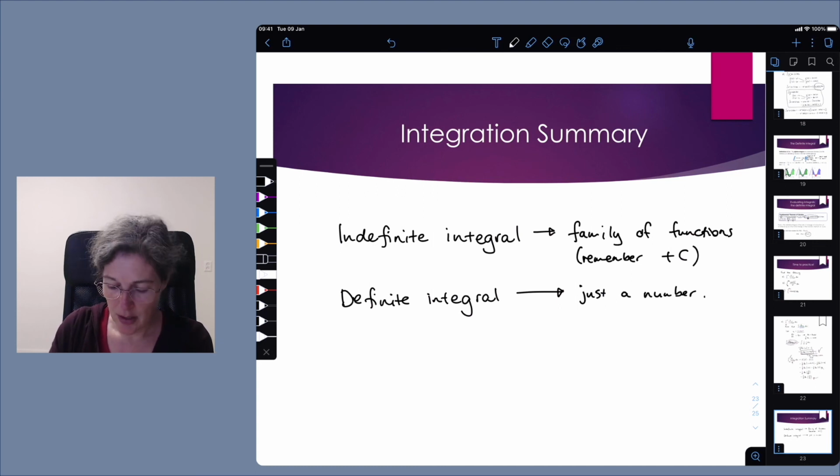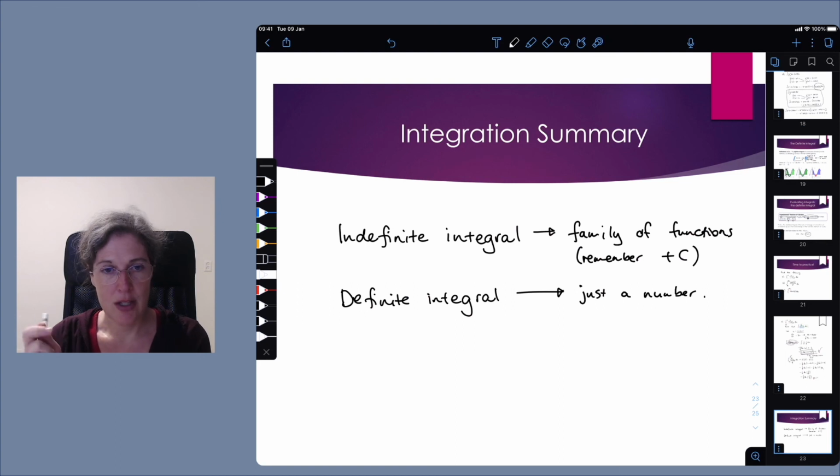Okay. If we're thinking in terms of what they mean, the indefinite integral of some function is the family of functions which, when you take the derivative, give you the function that you were interested in. The definite integral, on the other hand, is where we're really looking at either area under the graph or the total change of a function between two values.